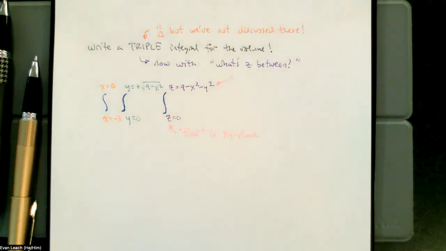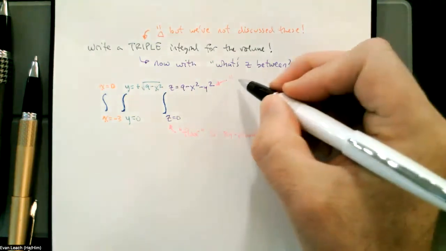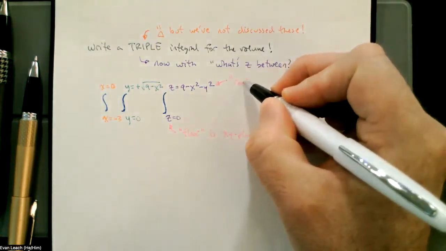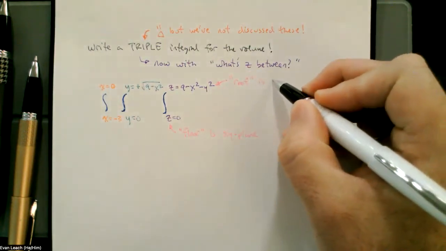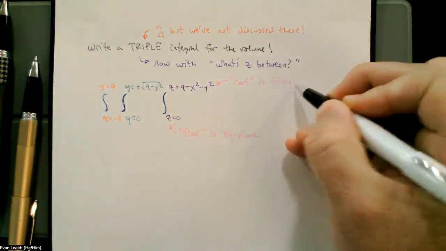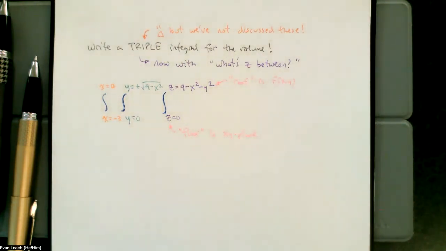How do you spell ceiling? Is it C-E-I or C-I-E-L-I-N-G, right? I know a ceiling and a roof are not the same thing, but our surface is infinitely thin, so the ceiling and the roof kind of are the same thing.